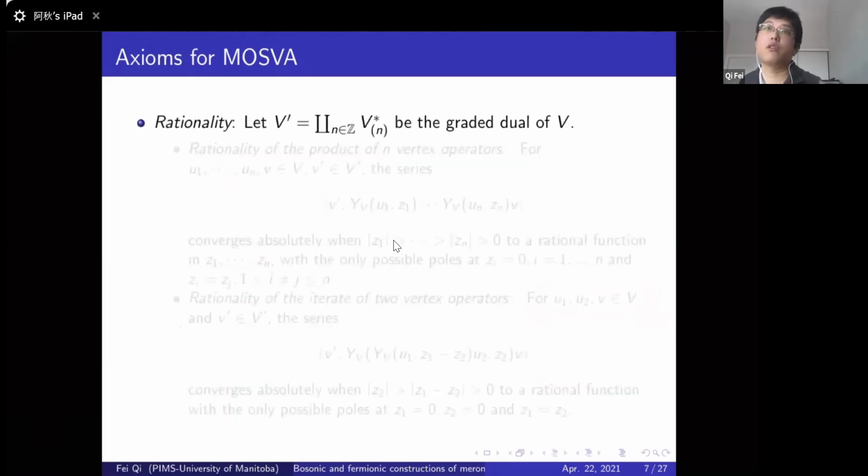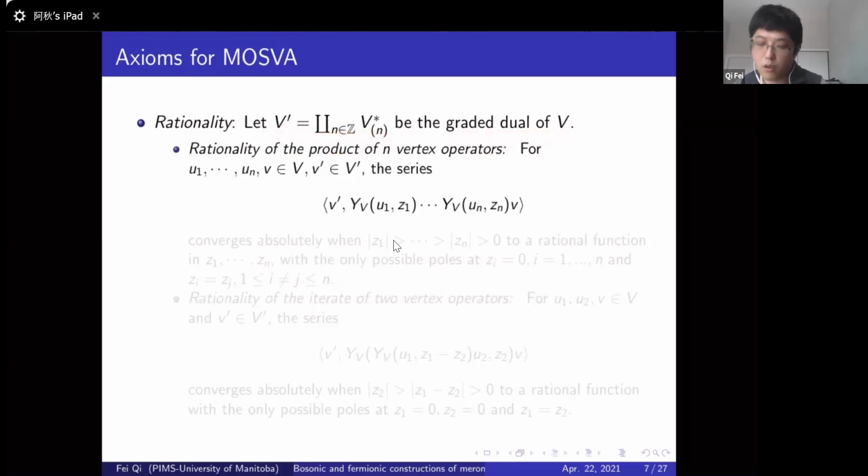The next condition, well, Huang will call it rationality, Igor Frenkel will probably call it duality. This is also quite standard, but there is a little bit of difference in this context. We start with the graded dual of V. Instead of requiring the duality or rationality of the product of two vertex operators, now we require the rationality of the product of n vertex operators.